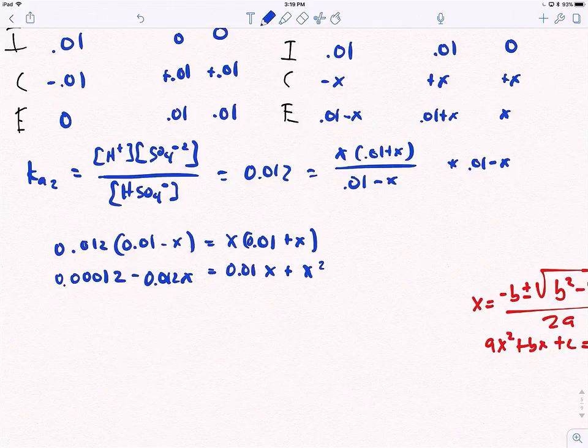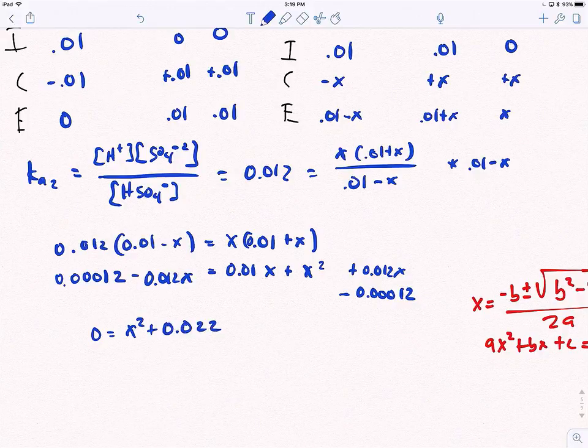So we have to add 0.012x and subtract 0.00012, and we get 0 equals x squared plus 0.022x minus 0.00012.